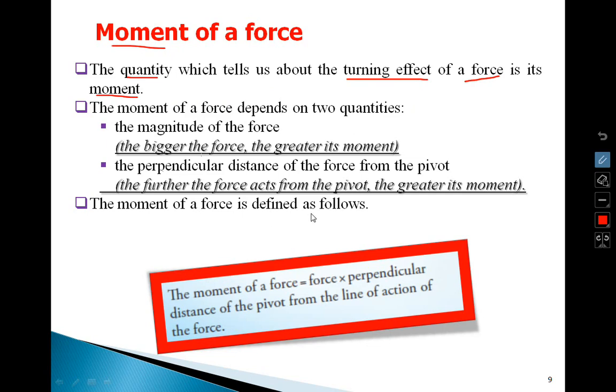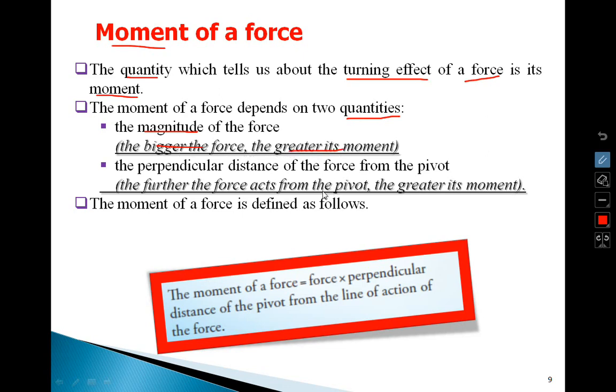The moment of any force depends on two quantities. The first one is the magnitude. The bigger the force, the greater its moment.